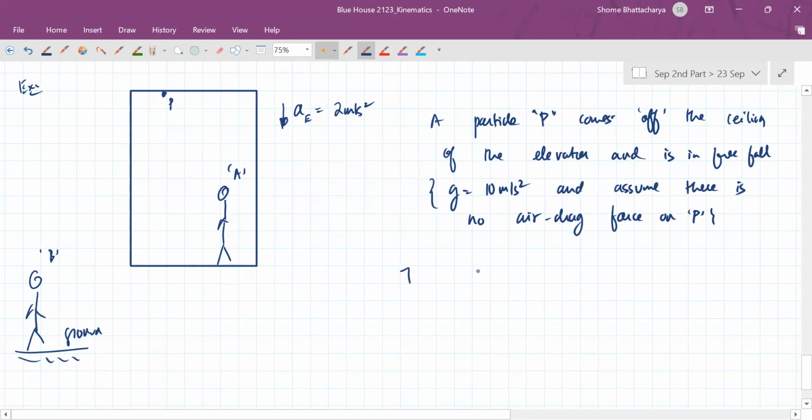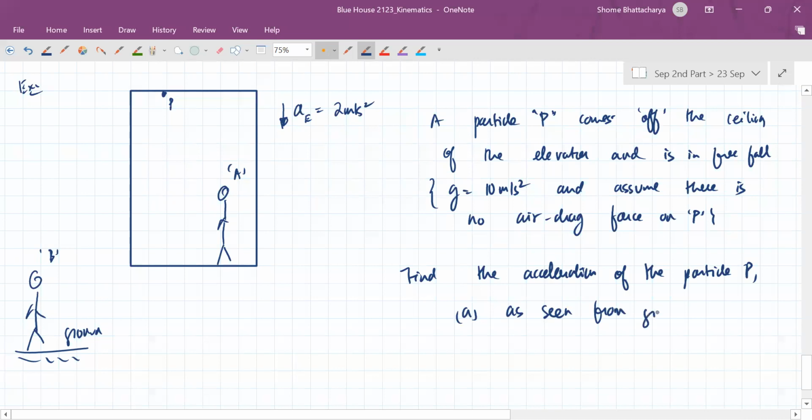Okay. So we have to find the acceleration of the particle P as seen from the ground frame. That is the observer B. It's that acceleration we have to find out.